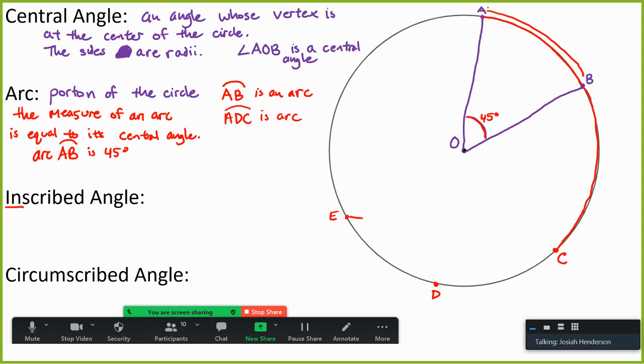So E connecting to C, that's a chord. E connecting to D, that's another chord, a smaller one. And the angle CED, right here, that is an inscribed angle. An angle whose vertex lies on the circle's edge.